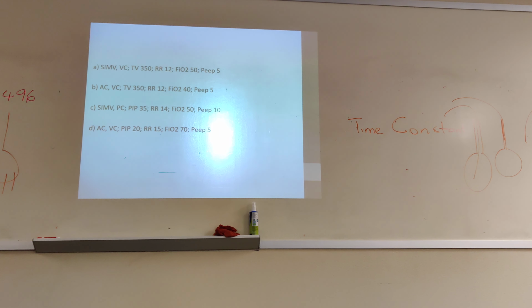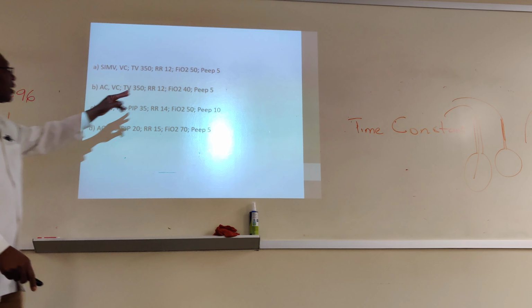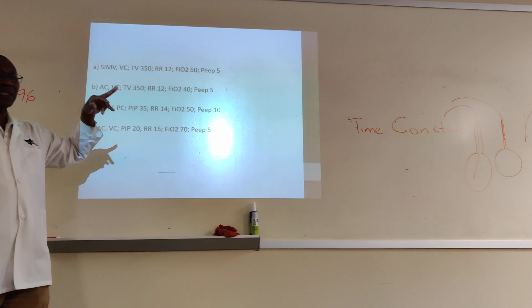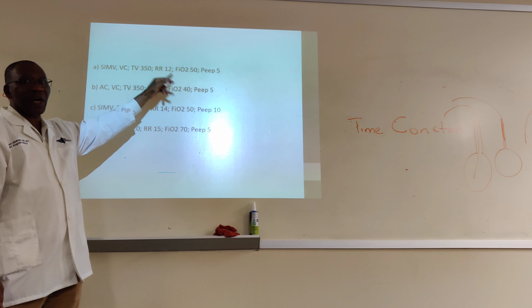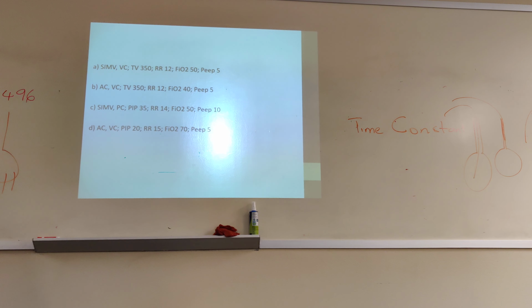Another one says ACVC, tidal volume 350. Well, that's good. Respiratory rate 12. FiO2 40. Yeah, this is less FiO2 than the one before. Remember, oxygen is a drug, so this is now better than that one because of the FiO2.